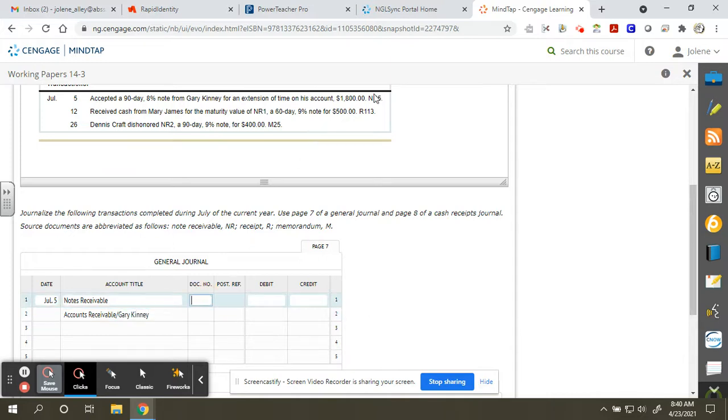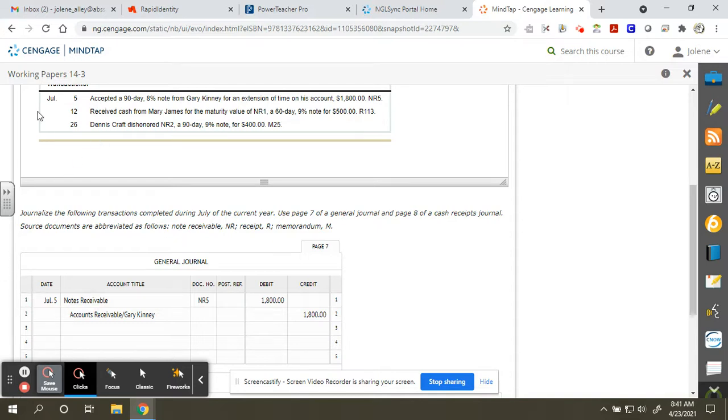It says NR5, and the dollar amount is $1,800. And that's all there is to that one. We just changed it from an accounts receivable into a notes receivable, because the big difference is a note receivable receives interest.